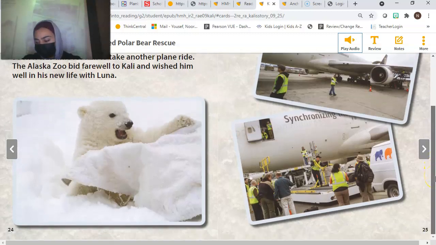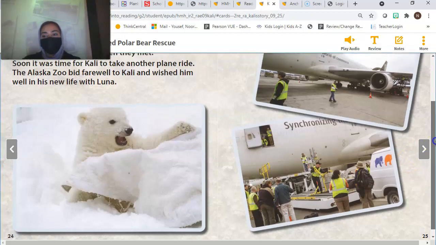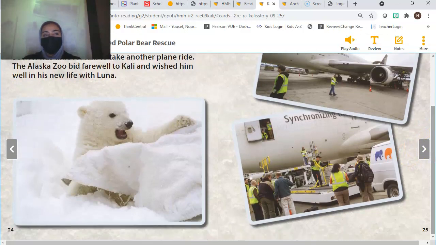Aww. What did the zookeepers do to prepare Cully for his trip? Send him Luna's blanket. Why do you think that's important? Raise your hand. Why do you think that's important, Amariah? Well, they don't even know each other. Not yet. But why did they do that, Destin? No, not so she can be warm.